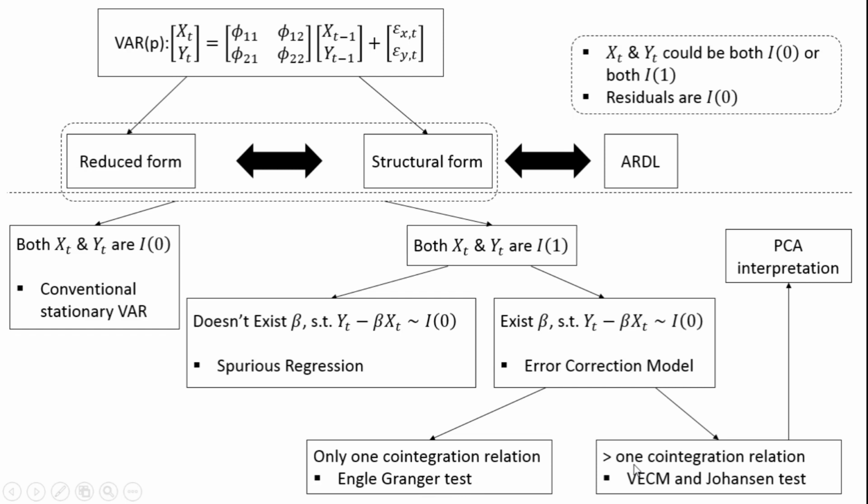In the case in which we have more than one cointegration relation, we have to estimate a vector error correction model and run a Johansen test. So the Engle and Granger test is for the situation in which we have only one cointegration relation, and when we have more than one, we should run a vector error correction model and Johansen test.